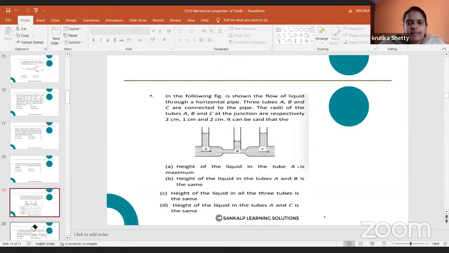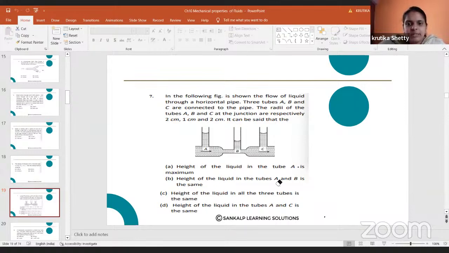It can be said that, see, all three are joined, right? The water level is different in A, B and C, right? The radius at the junction is given as 2 centimeter, 1 centimeter and 2 centimeter. So see, height of the liquid in the tube A is maximum.